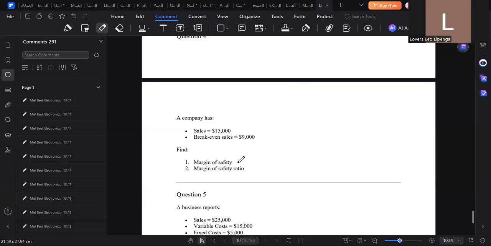Margin of safety is sales minus break even of sales. So this is 15,000 minus 9,000. What do we get? 6,000, right?